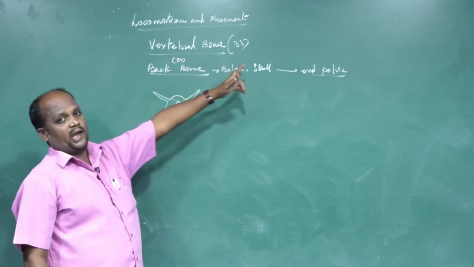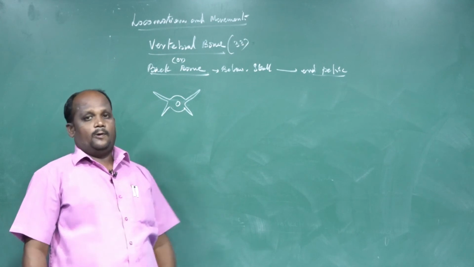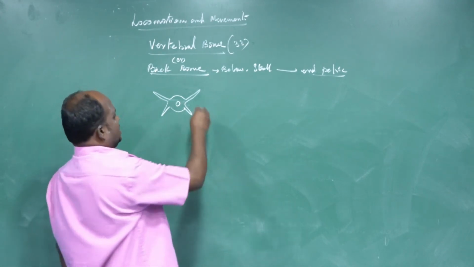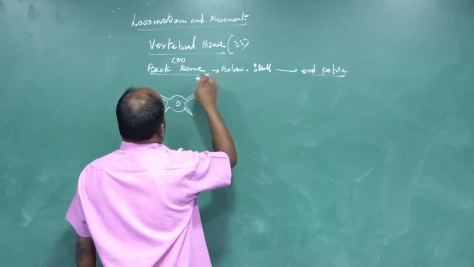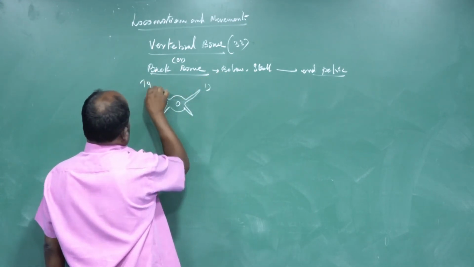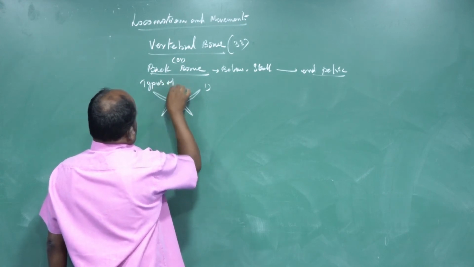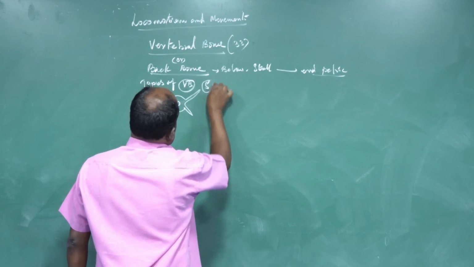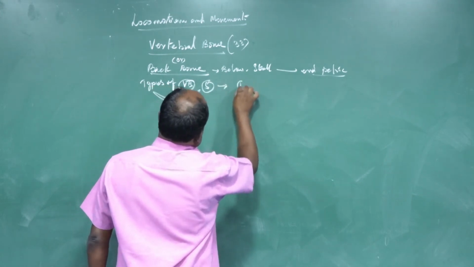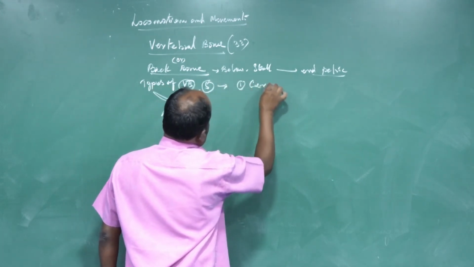Next, the 33 bones of the backbone we are going to classify into 5 categories. There are 5 types of backbone. Among the 5, the first one is cervical vertebrae.